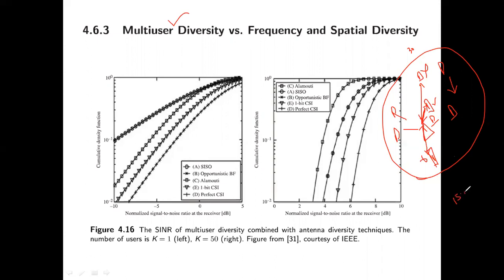Just because many users are there, most of them will get the advantage of high throughput and very few of them will suffer poor throughput. Overall, from the tower's point of view, multi-user diversity is going to increase the throughput. That means the more the number of users, the better the throughput from the tower's point of view, not from the individual's. The individual is going to suffer because the more the number of users, the more the interference.